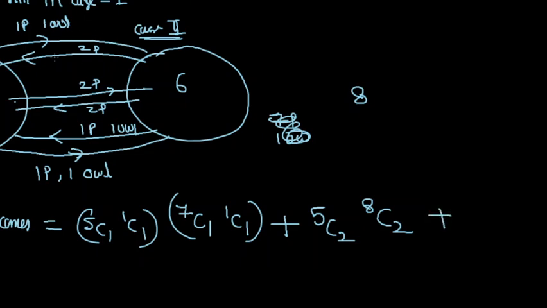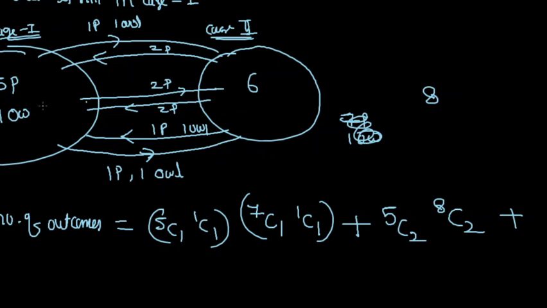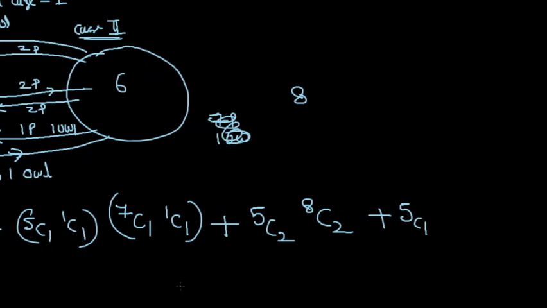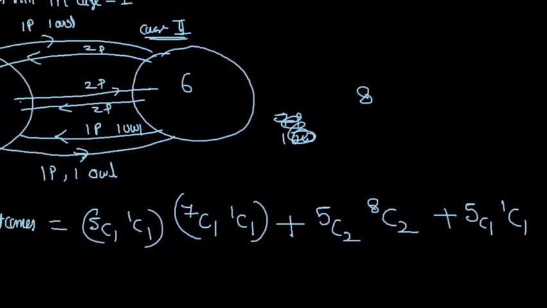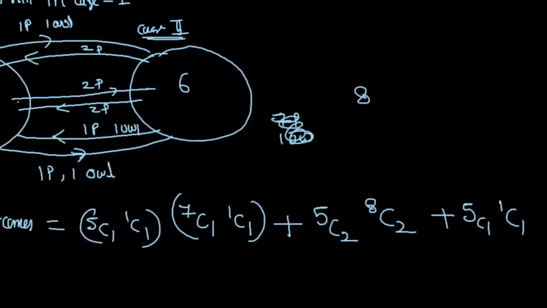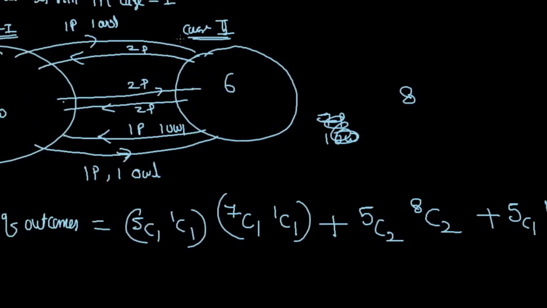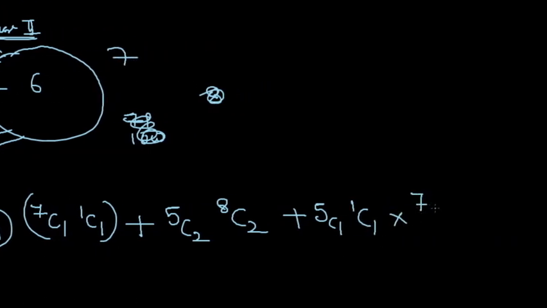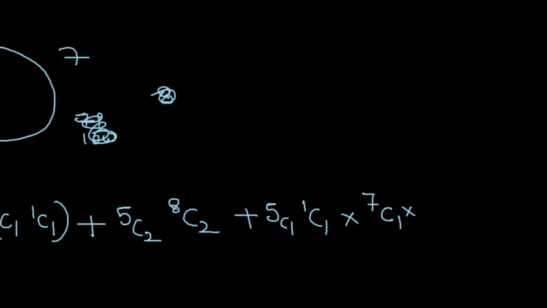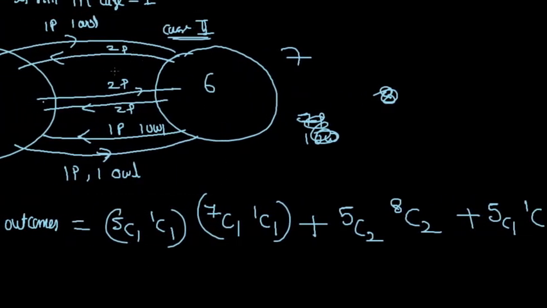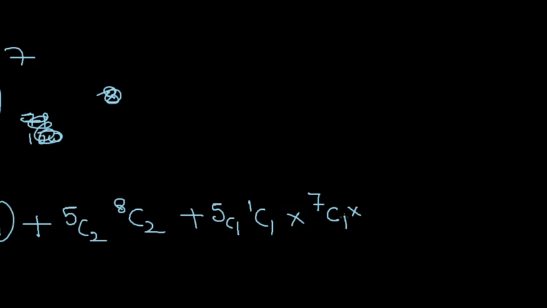Next, case 3 is nothing but E1 only. Here, out of 5 parrots, 1 parrot went, and the owl went, and while returning from cage 2 to cage 1, 2 parrots came. If 1 parrot went, then 7 parrots remain, and we have to select 2 parrots, that's it.